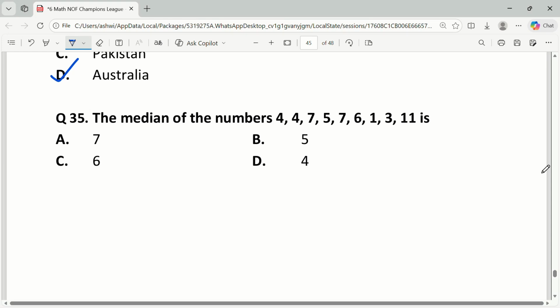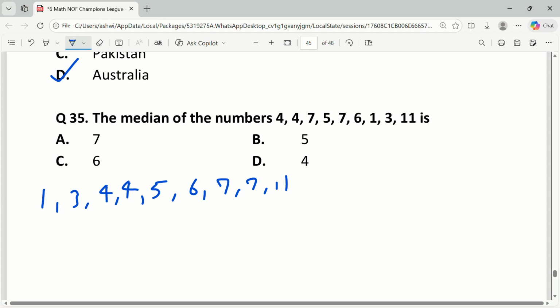Question 35. The median of the numbers 4, 4, 7, 5, 7, 6, 1, 3, 11 is. Arranging the numbers in ascending order, they are 1, 3, 4, 4, 5, 6, 7, 7, 11.